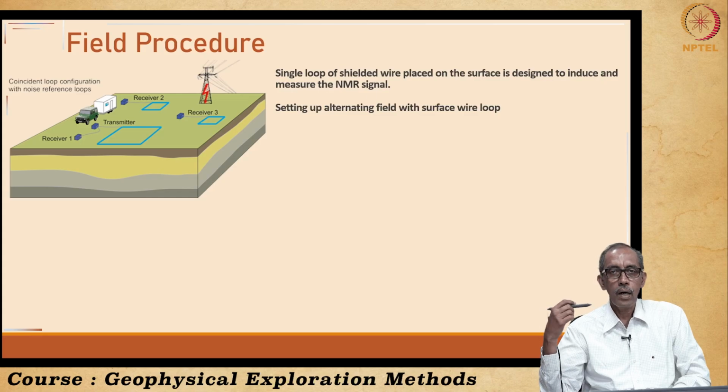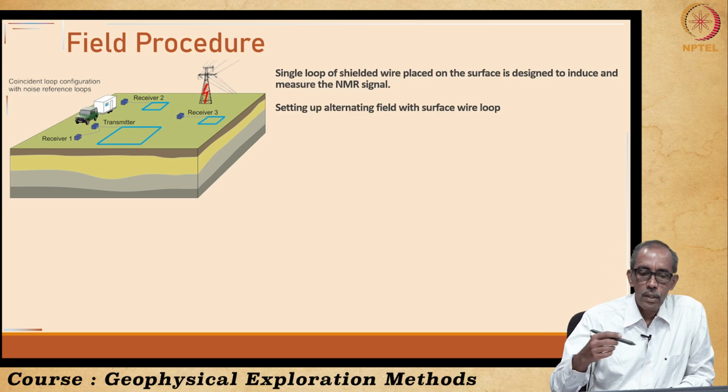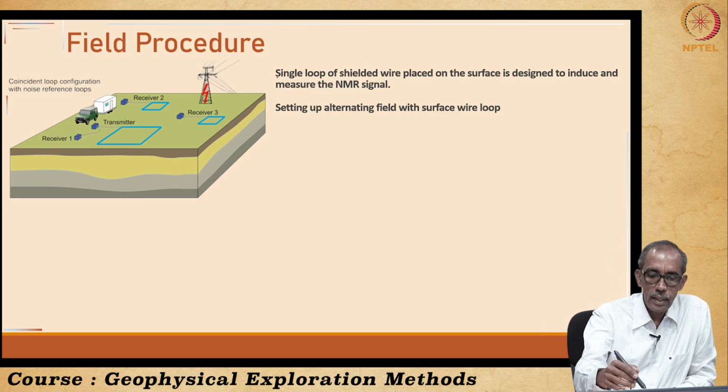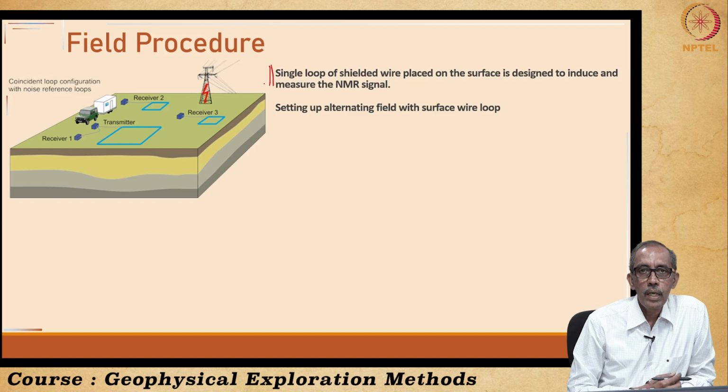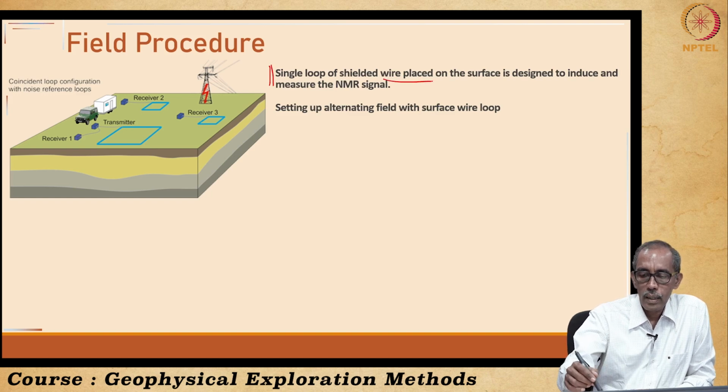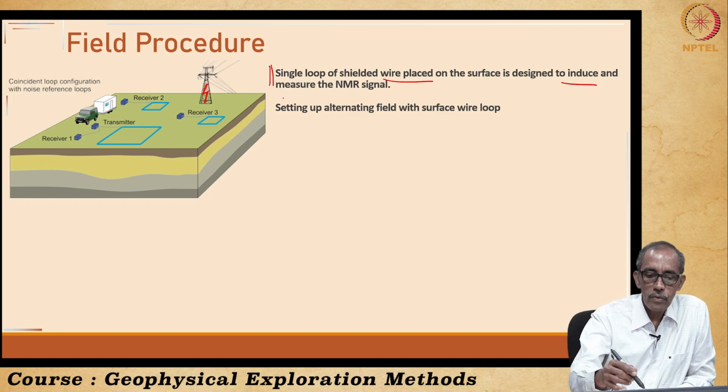Let us see how we can carry out this operation in the field. As we had just now seen, we make use of a single loop of wire placed on the surface to induce as well as measure.